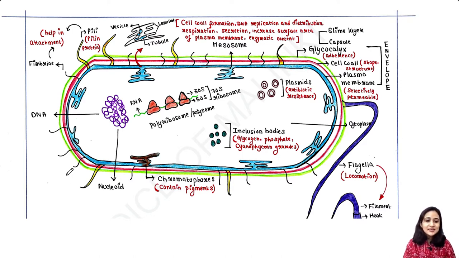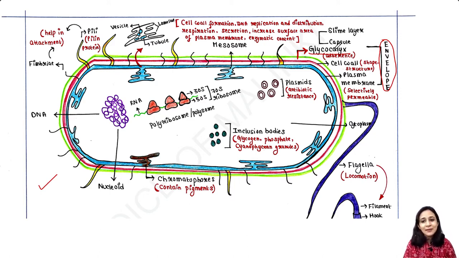Now coming to this structure, we can see the prokaryotic cell or bacterial cell contains an envelope, and this envelope consists of three compartments. First one is the glycocalyx. Glycocalyx is the outermost envelope or membrane of bacteria.